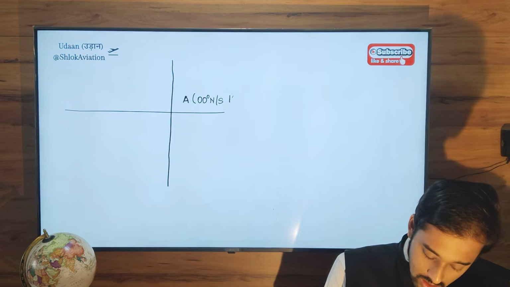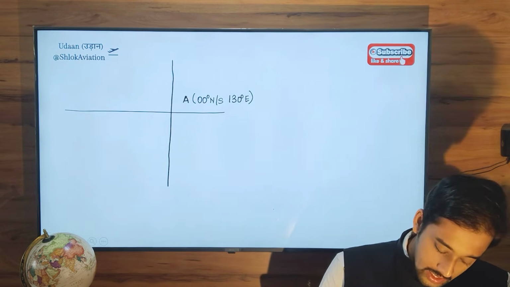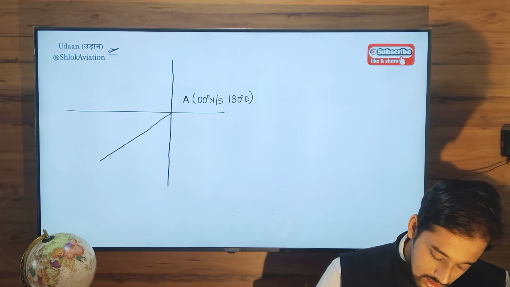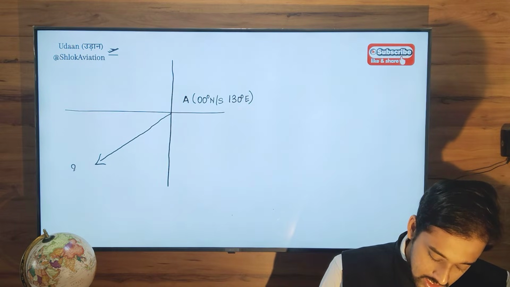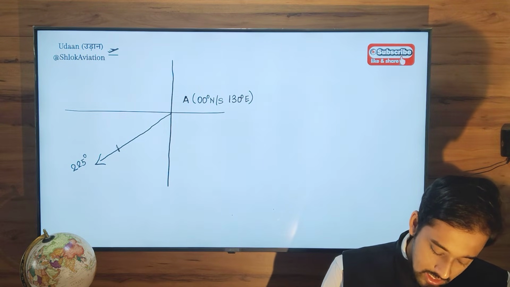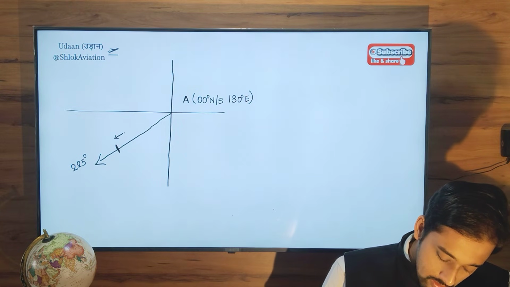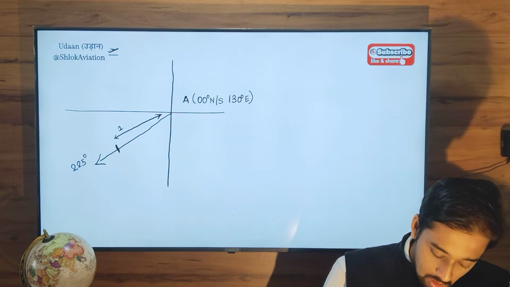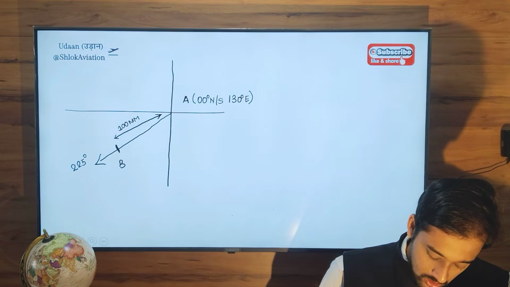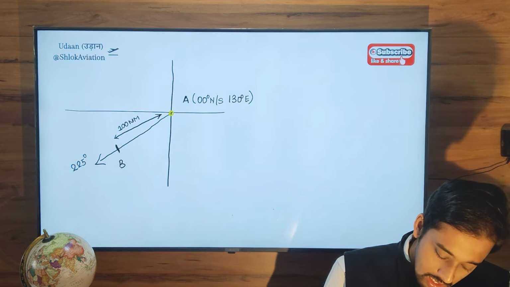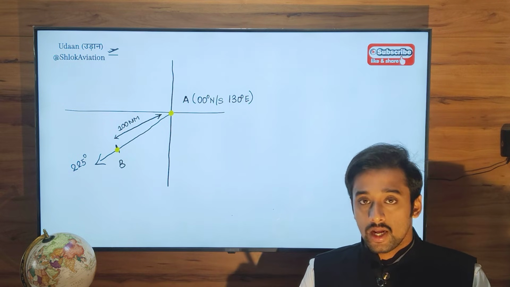And you are traveling in the direction of 225, which is nothing but the southwesterly direction, for a distance of 100 nautical miles from A. You have to find the coordinates of position B. So A is here, B is here. So what are the final coordinates of B?